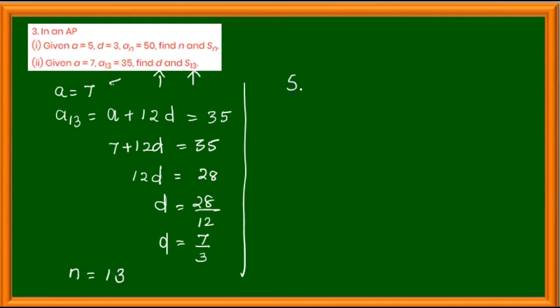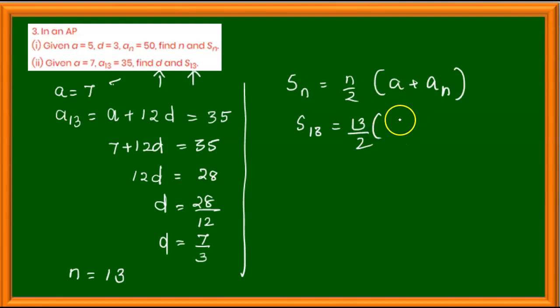So Sn we can write as Sn is equal to n by 2 into a plus an. a13 is given, right? See? So we can write S13 is equal to 13 by 2 into a which is 7 plus a13 which is 35.